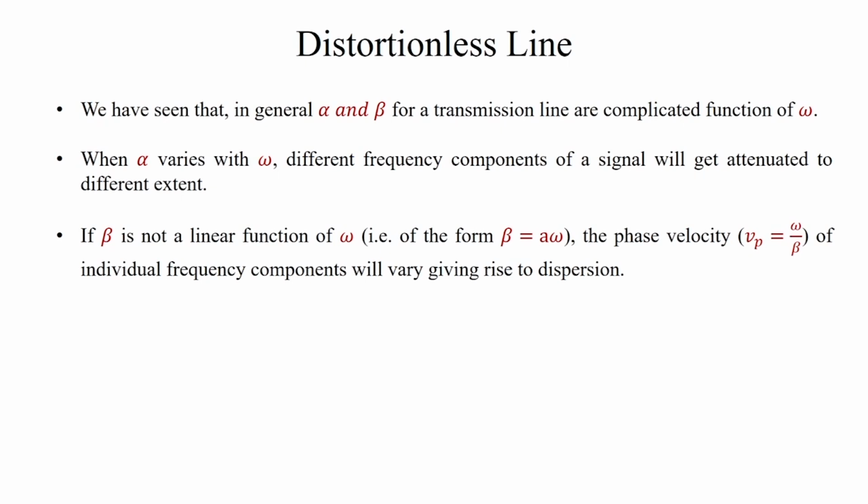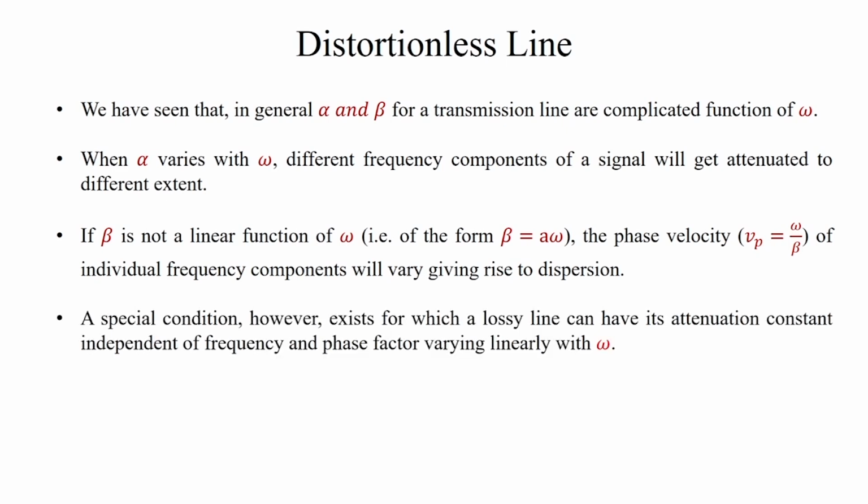So, we find that if alpha varies with omega and beta is not a linear function of omega, then both the attenuation and the phase velocity for different frequency components will be different.